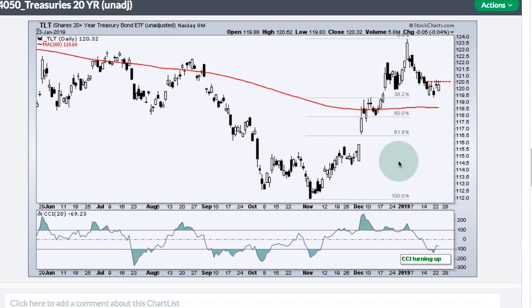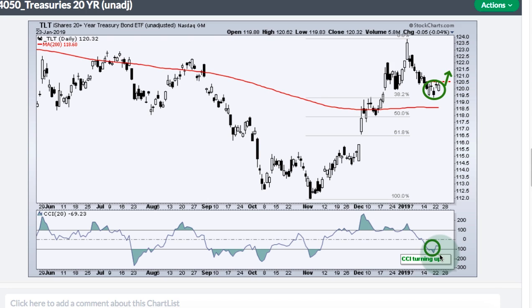And then if we look at TLT, we can see a similar picture emerging here. We're getting some firmness over the last 5 days or so. So looking for a breakout there to signal a resumption of the bigger uptrend. In the indicator window, I've got CCI this time because, you know, when it moves below minus 100, that's a short-term oversold condition.